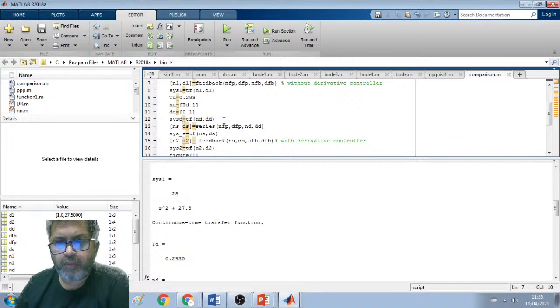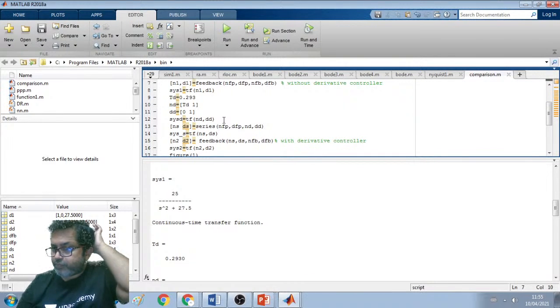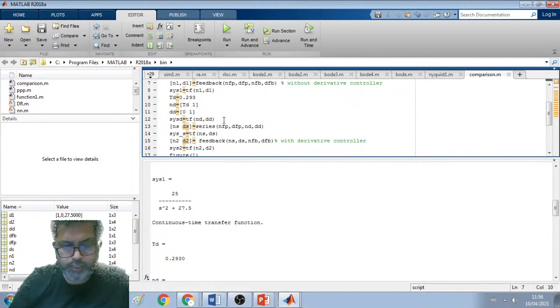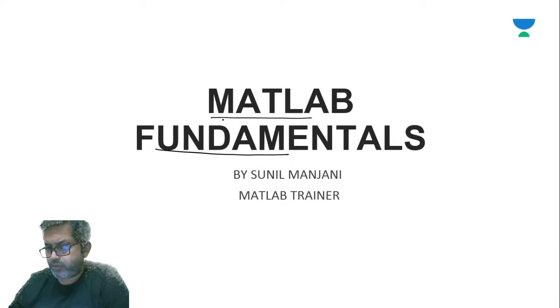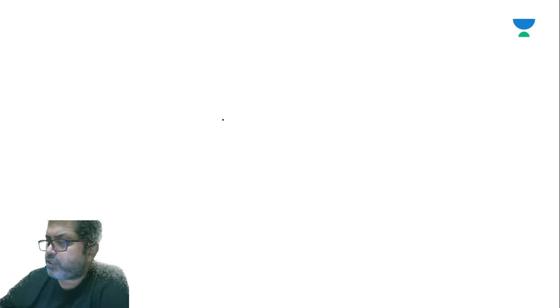N1 comma D1 without feedback controller. Okay, without feedback controller. So let us check first of all what should be system 1 transfer function.